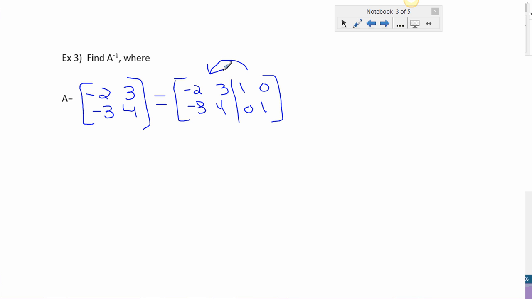So we want to use operations to adjust it so that the left-hand side becomes 1, 0, 0, 1. So the first thing I'm going to do, if we're looking to get things to cancel, is take row 1 and multiply it by -1/2. Because if I multiply that by -1/2, that -2 is going to become 1, right? So I'm going to do -1/2 times row 1.